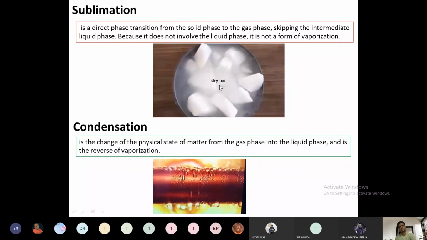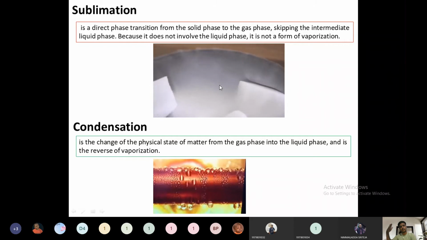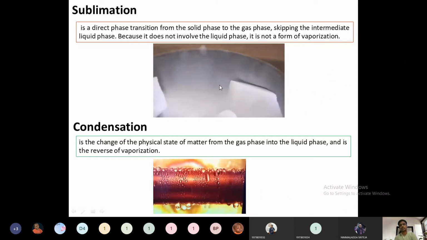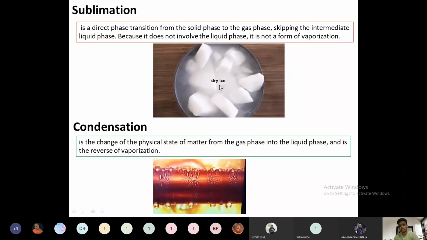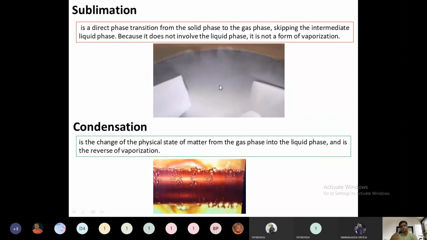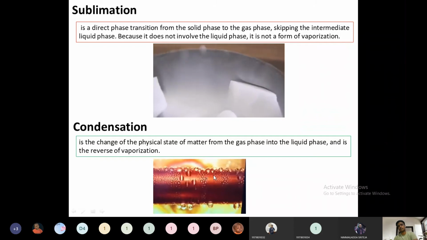How does condensation take place? By removing the heat, whereas vaporization takes place by addition of heat. So condensation is exactly the reverse of vaporization, because it is accomplished by removing heat and the transition is from the gas phase to the liquid phase. Whereas in vaporization, by addition of heat, the transition is from the liquid phase to the vapor phase. So this picture depicts condensation, and this depicts the sublimation process.